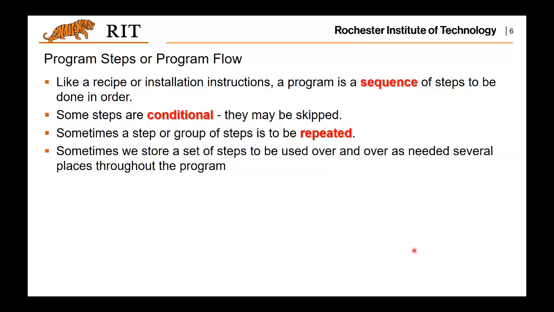And in this sequence of steps, there could be some steps which are conditional, meaning only if some condition is satisfied, some set of code will be executed. On the other hand, if the condition is not satisfied, some code will be skipped. So those are the conditional cases in the program steps or program flow.